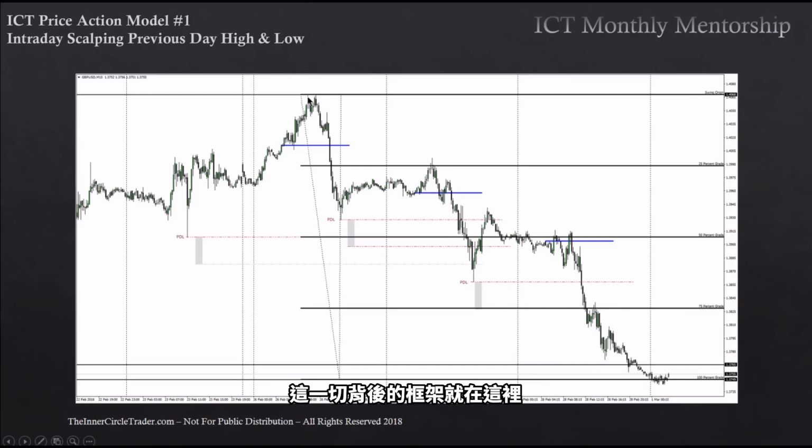The framework behind all of this is here: we have the beginning of the trade, or the range rather. Then we have the first grade. Look at the reaction there. Then we have equilibrium. Look at that. And then we have the third grade. Look at that. And finally, the fourth grade, or terminus, right in here.